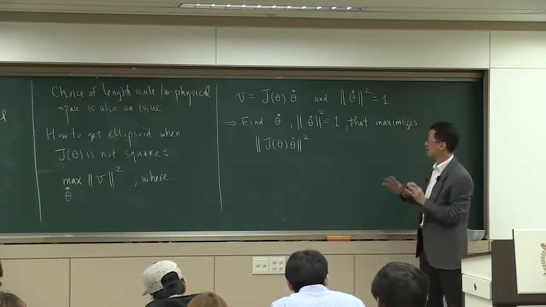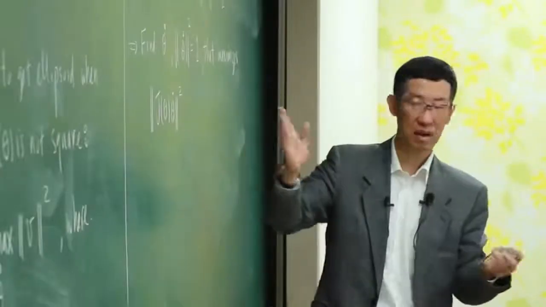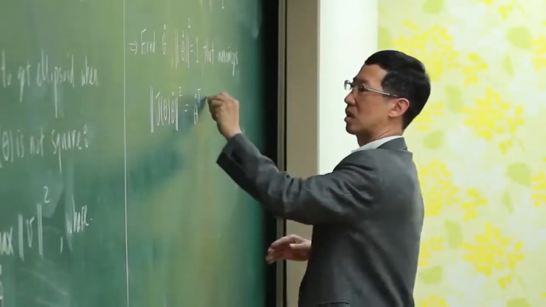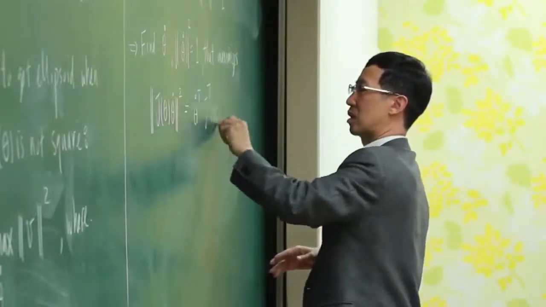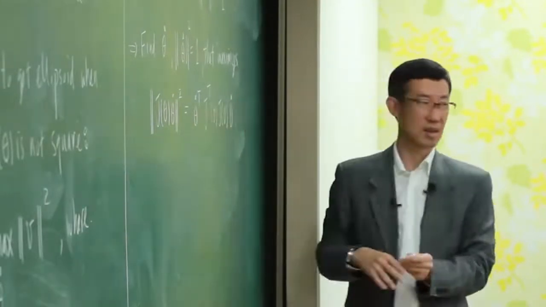So find the theta dot of unit length that maximizes this quantity. We can write this out: theta dot transpose J transpose times J times theta dot.